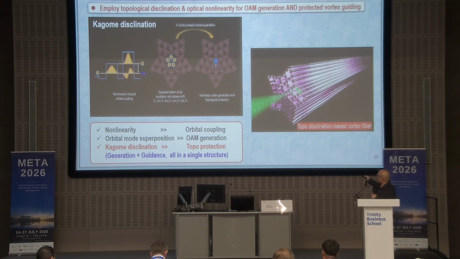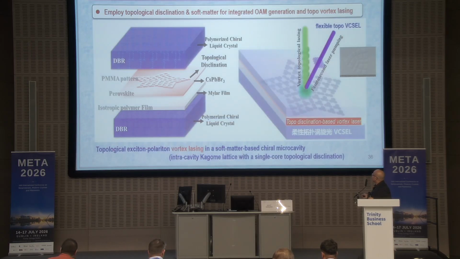Not only that, we're also working on not just sending a vortex, but using a nonlinear mechanism to generate a structured vortex, then getting it topologically protected and transported through the fiber. So, the topological disclination-based vortex fiber. The other thing we're working on is the topological VCSEL.